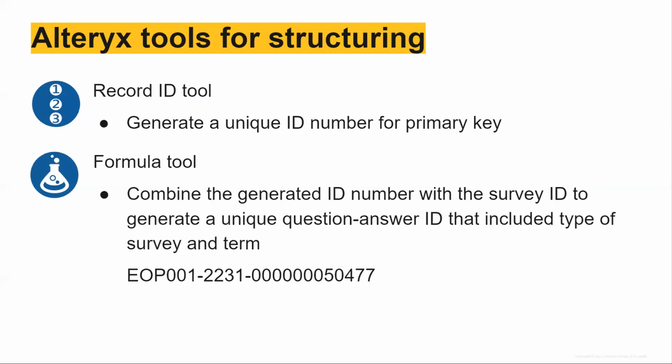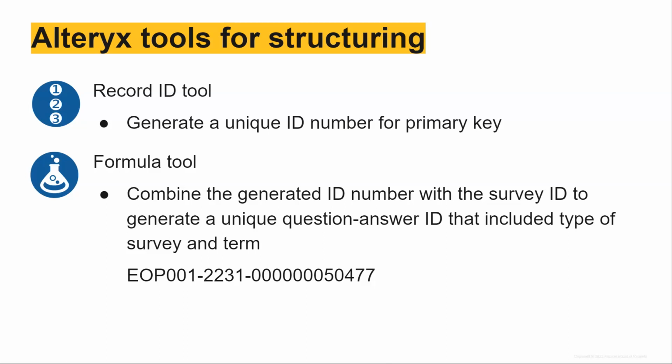We wanted to add a little more information to our question answer ID number. And this goes to the question you asked about why we didn't bring our survey ID into the question answer table. This is the way that we brought that information into the question answer table.